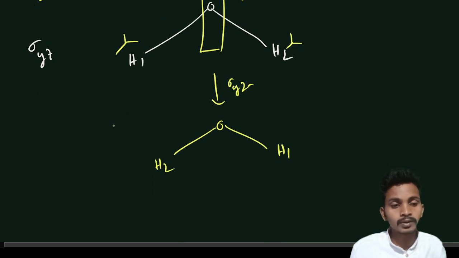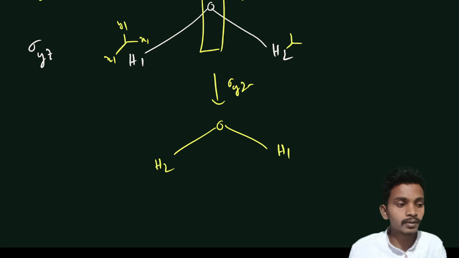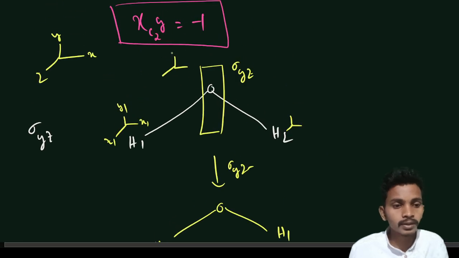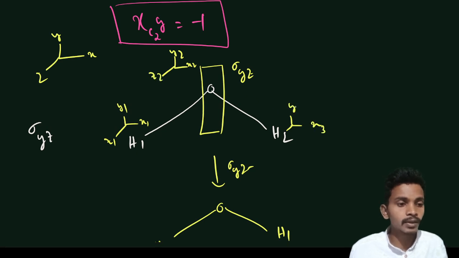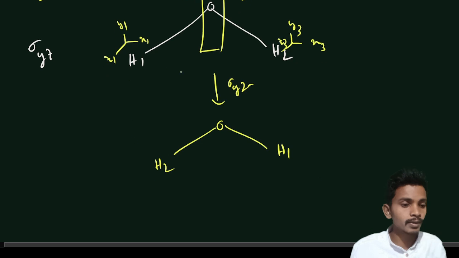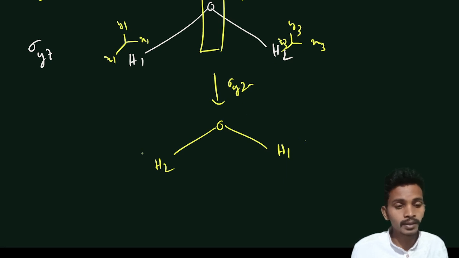Okay, so now here x1, y1 and z1, here x2, y2 and z2, here x3, y3 and z3. So after sigma yz, these two get exchanged, which means this x1, y1, z1 and x3, y3, z3 come to each other's place.